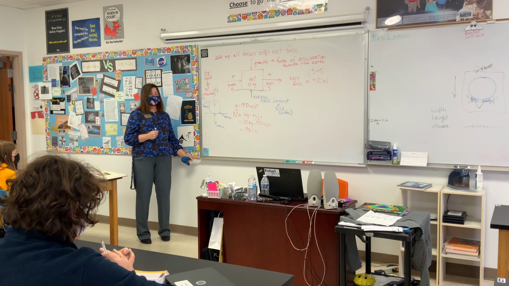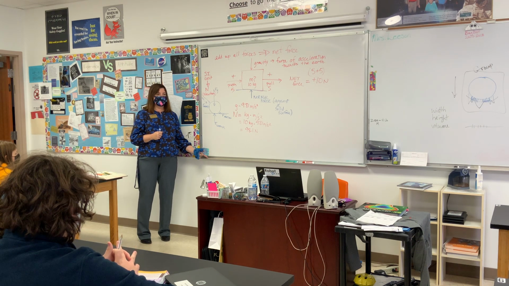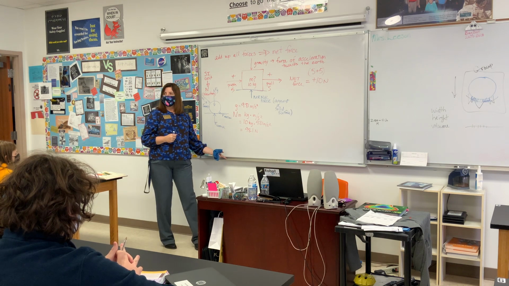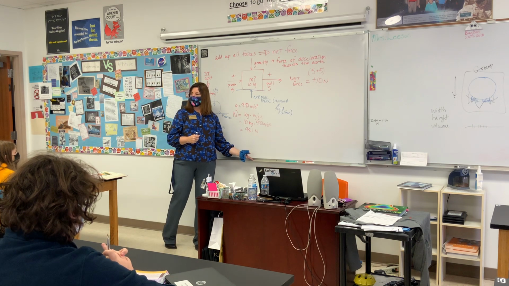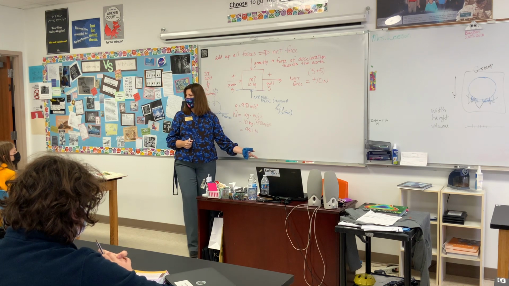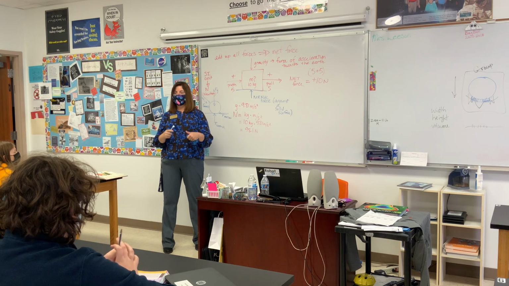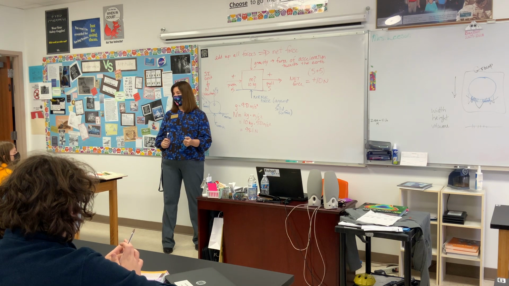But I apply a force from the left here. Do I have balanced forces anymore? No, I've added a force that's moving it to the right. Unbalanced force means something's going to move.